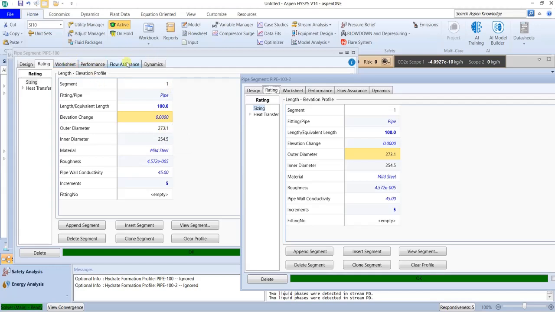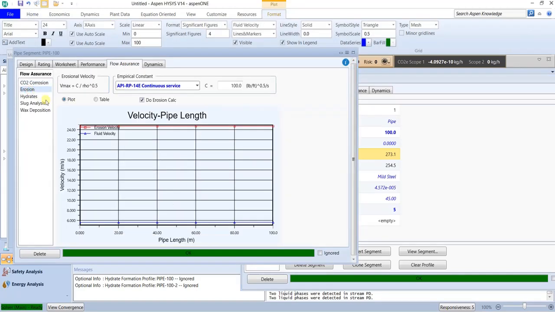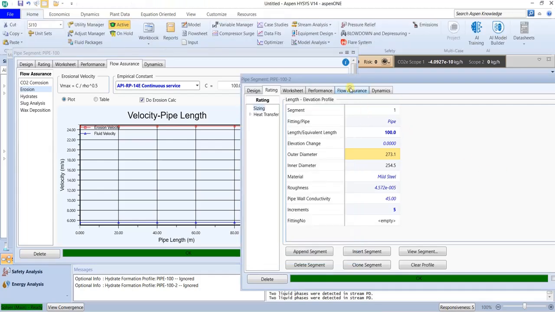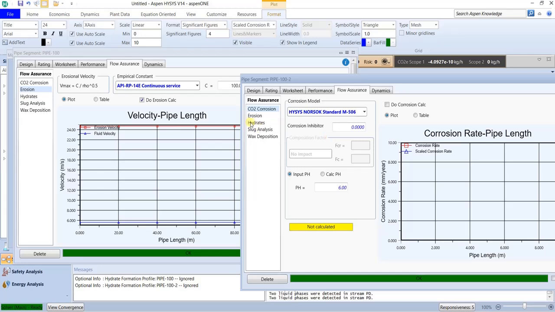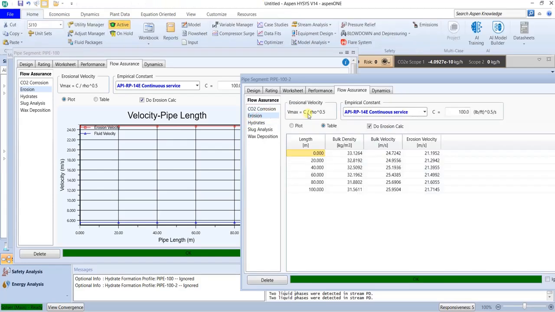So we go to flow assurance and then we go to erosion. So erosion, you have erosional velocity is still far above fluid velocity, and that means erosion will not occur, right? But we come over here and we go to erosion rather, right?